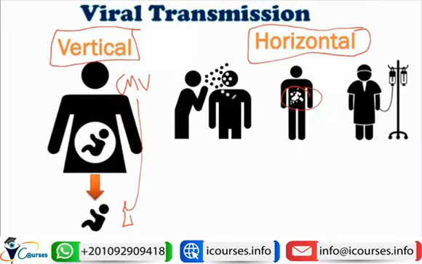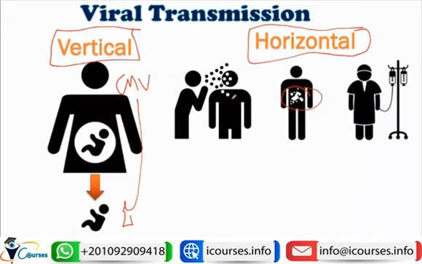Different tests and serological tests can be used for diagnosis of the virus. For example, we can examine the virus by itself using electron microscopy, in the body tissue or in the body fluid. This is called direct viral isolation.